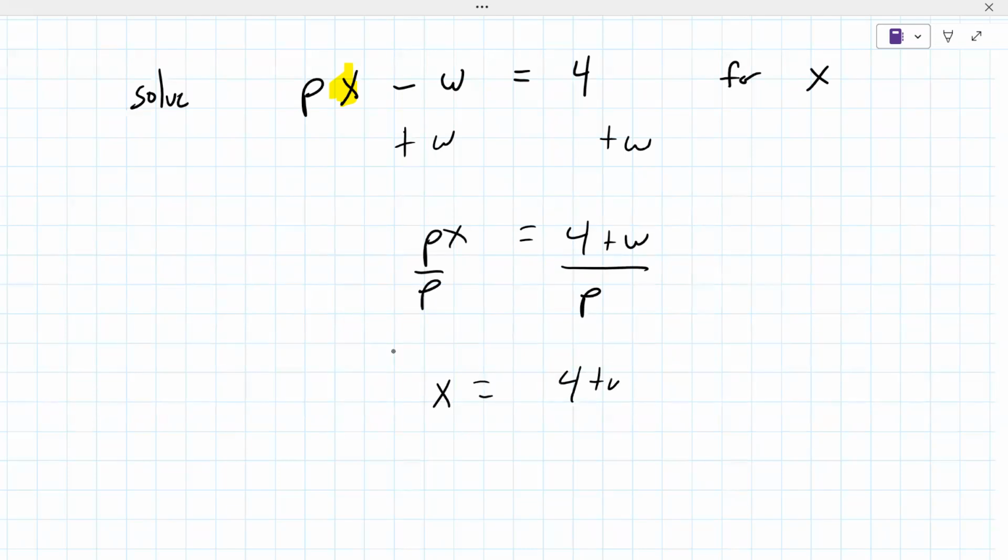You just leave it. That's the whole point of these, you're not actually doing anything, you're just getting x by itself on the left with something on the right. Okay. All right.